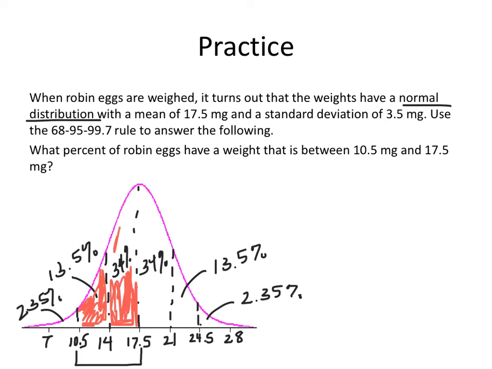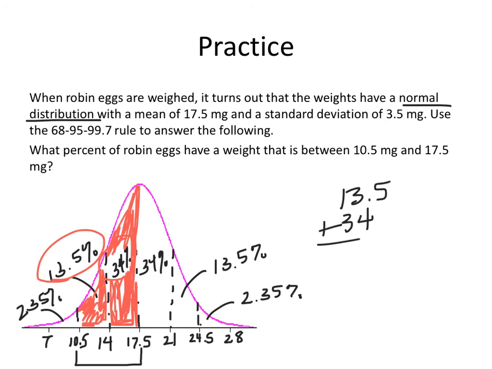So basically we're looking at these two sections of our data, and again my middle line was not straight, but you get the idea. So we're adding 13.5% and 34%. So our answer would be 13.5 plus 34 gives me 47.5% of robin eggs have a weight that is between 10.5 milligrams and 17.5 milligrams.